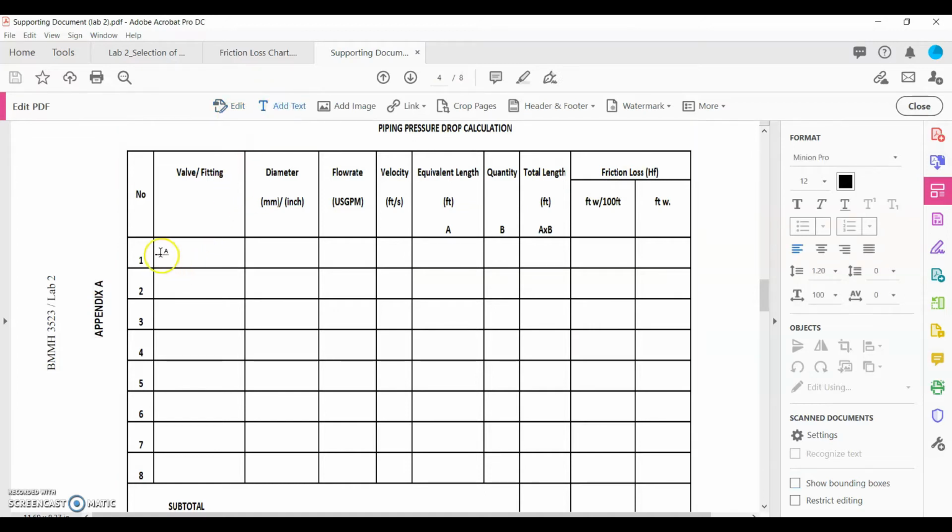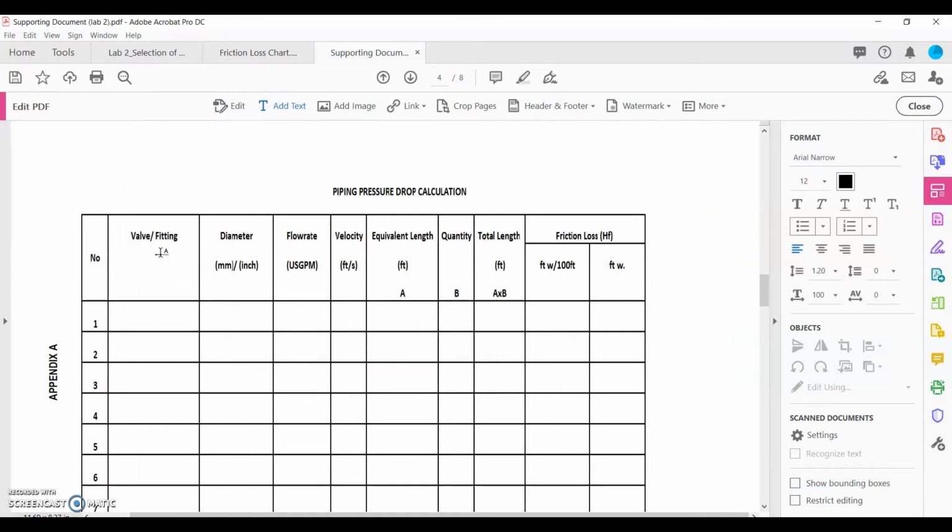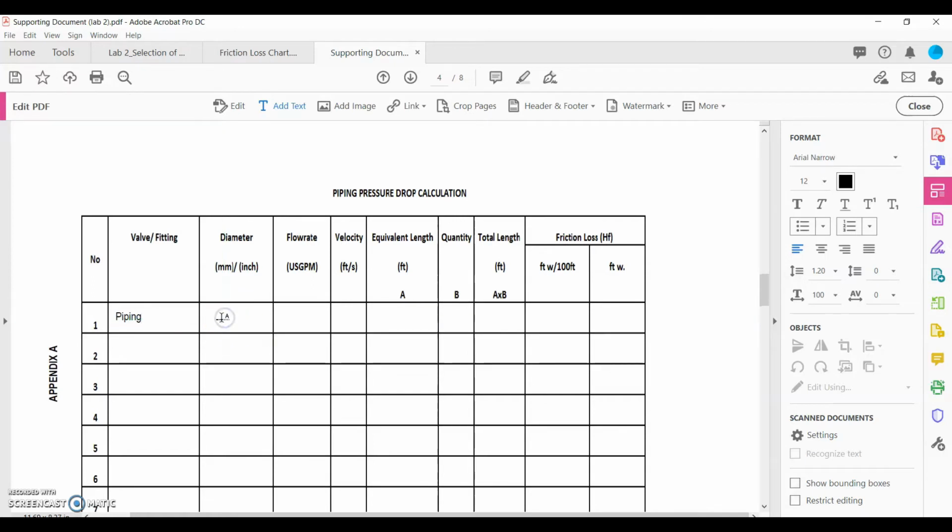First you need to put the piping. How long is your piping? Before that, you need to know the diameter. The diameter I give to you, let's say this one as an example only, let's say 60 mm. Then in inch, 60 mm is 2 inch.